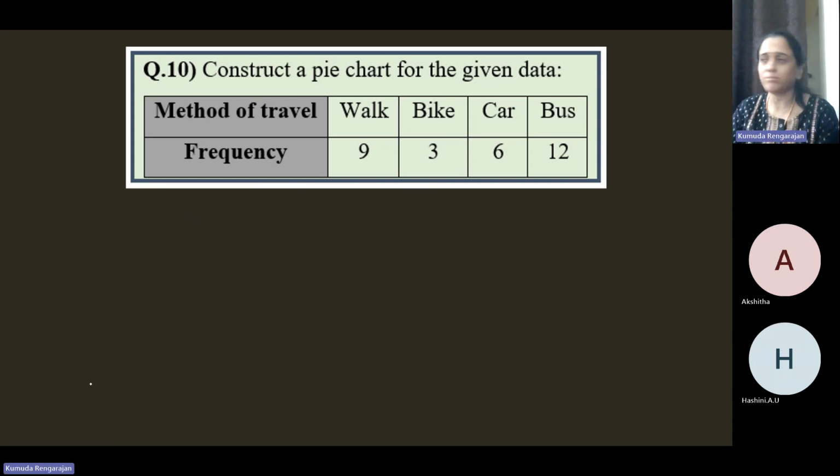The other very important thing which can be universally used is proportion. For this itself, you can use proportion. Proportion can be used for everything in pie charts.